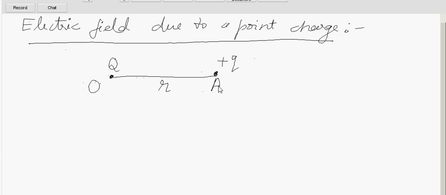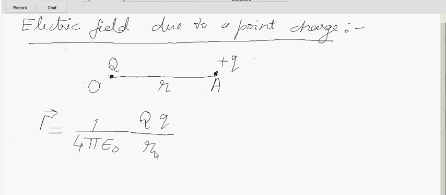By Coulomb's law the force is 1 by 4 pi epsilon naught Q into q divided by r square into unit vector r.